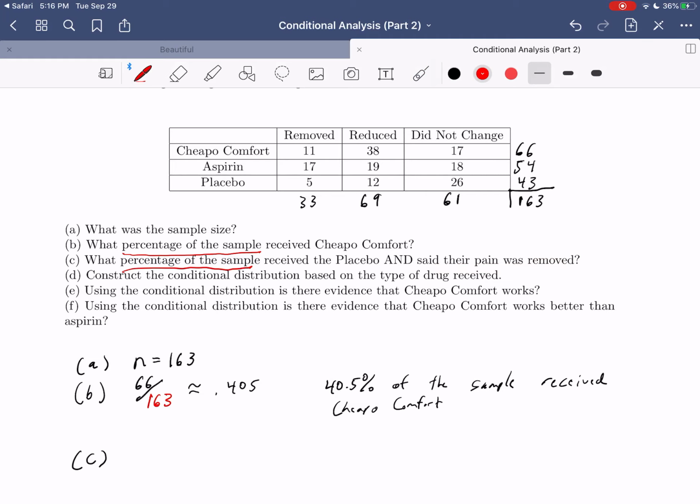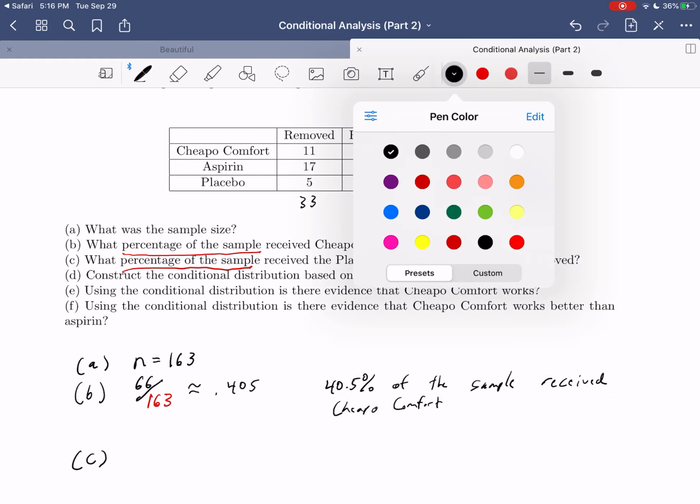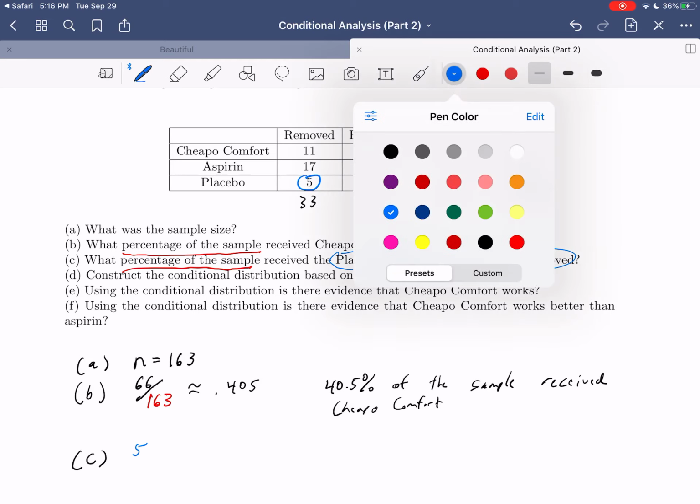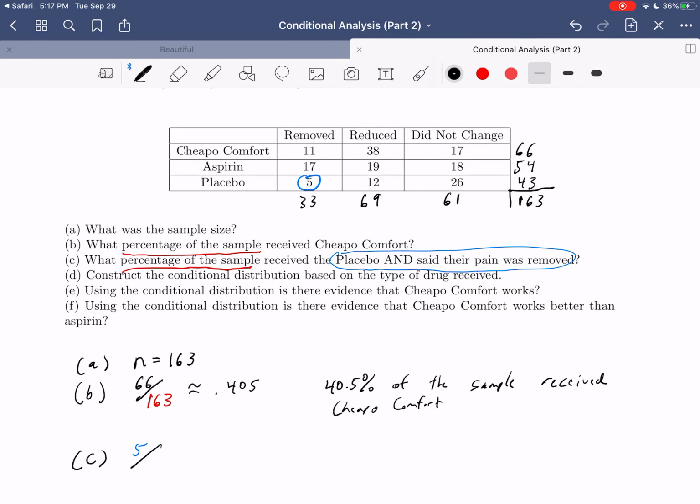We know all the placebo people were here and all the people who had their pain removed were here. That intersection right there would be that 5. So only 5 people received the placebo and said their pain was removed. So that's going to be our numerator there. So this is going to be done as 5 divided by that 163.